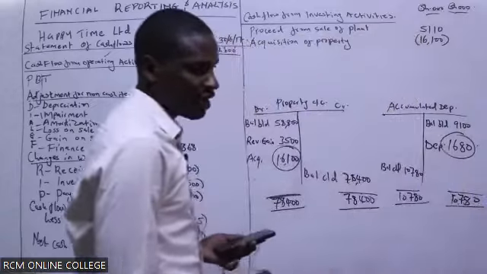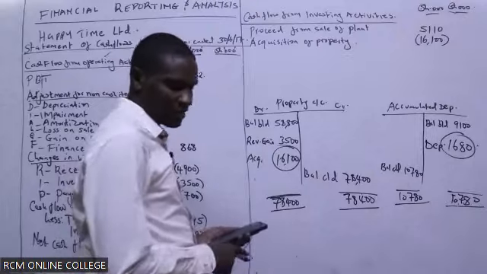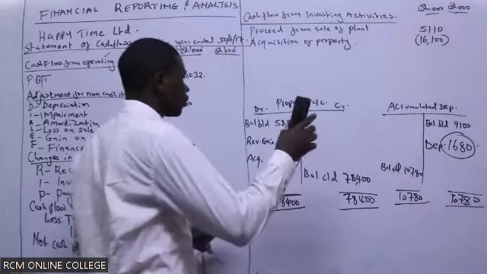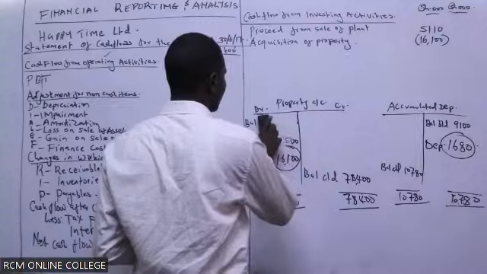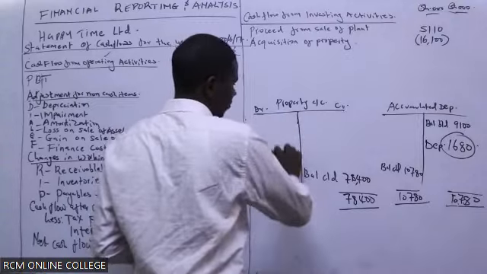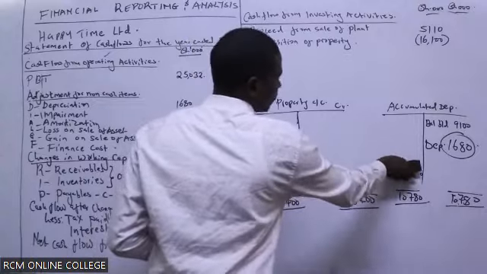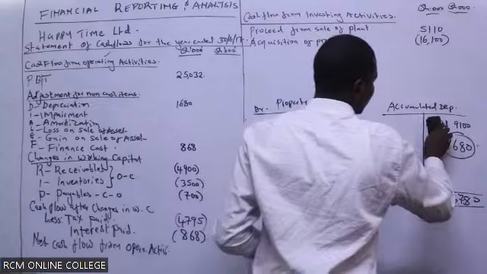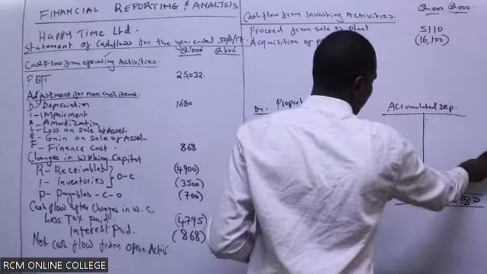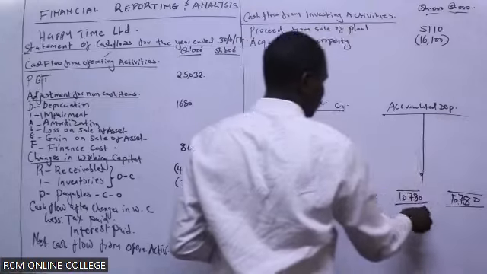So tumetengeneza accumulated depreciation na property account. So can we go to plant now to check whether there was plant that was purchased. All right.